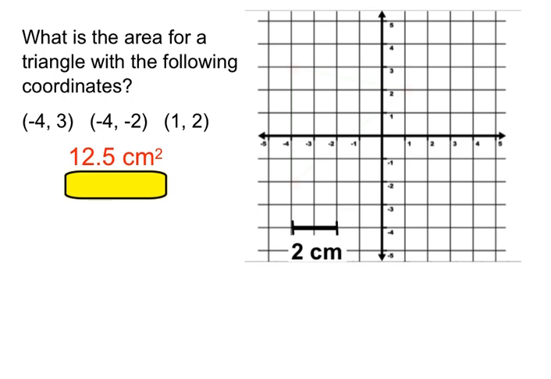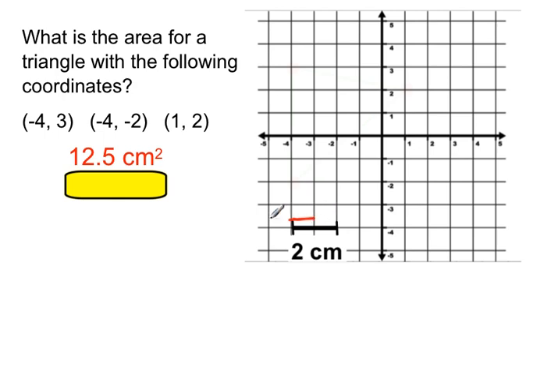Now, in order to solve this, you'd want to either use absolute values and figure out the math in your head that way, which would be kind of tricky, or sketch it out on a coordinate plane. Now, over here, they've given you the coordinate plane, but be careful in a situation like this, because they're telling us that the distance of one square from side to side, up and down, is 1 centimeter.